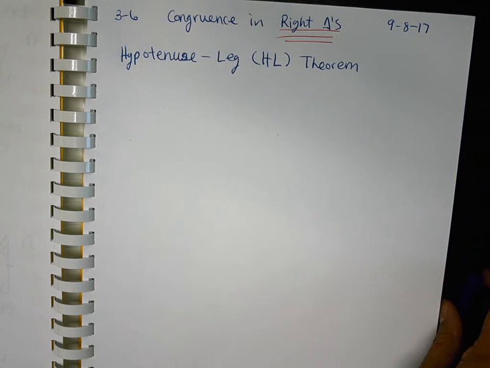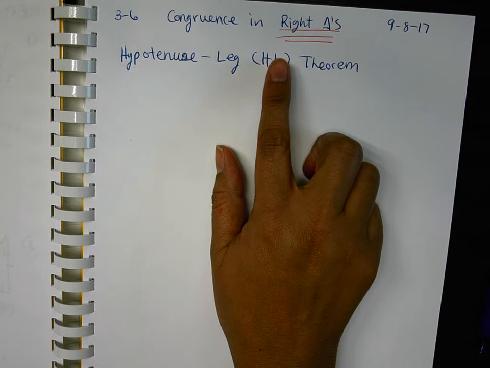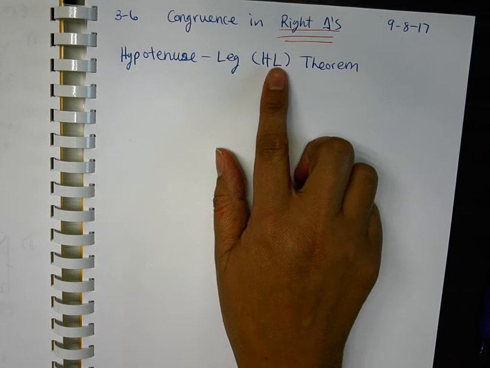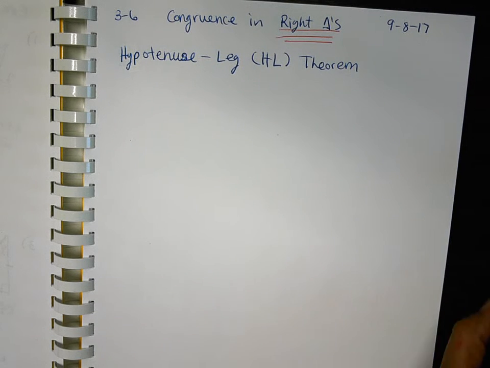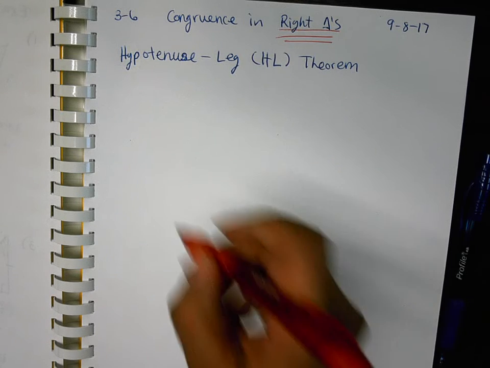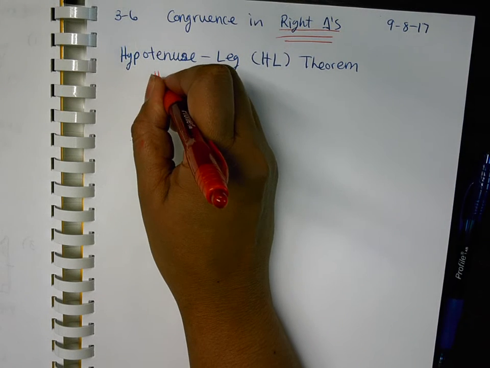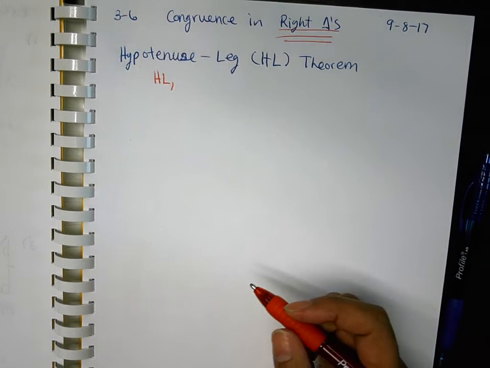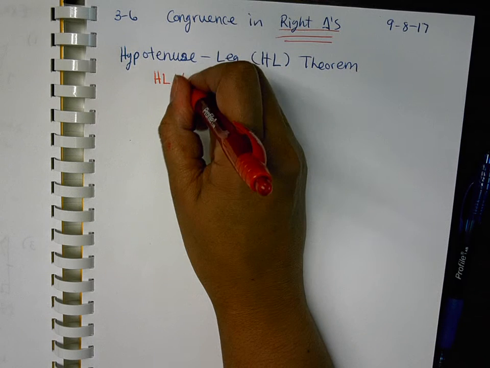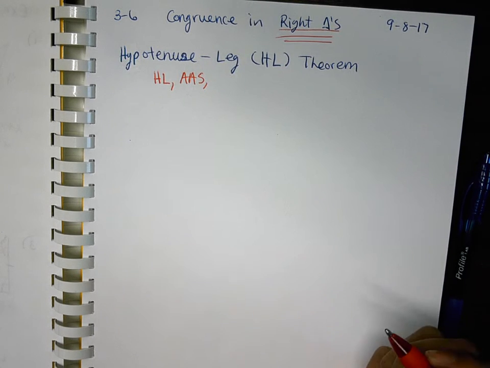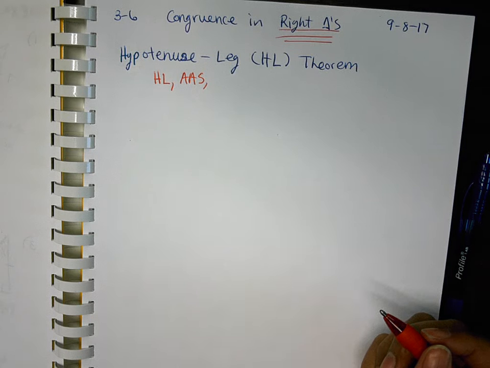All right. So we're adding hypotenuse leg as a new theorem or postulate we can use. I'm going to write them down really quick as a list. Hypotenuse leg. Can anybody give me another? Angle, angle, side. What other three-letter ones do we have?